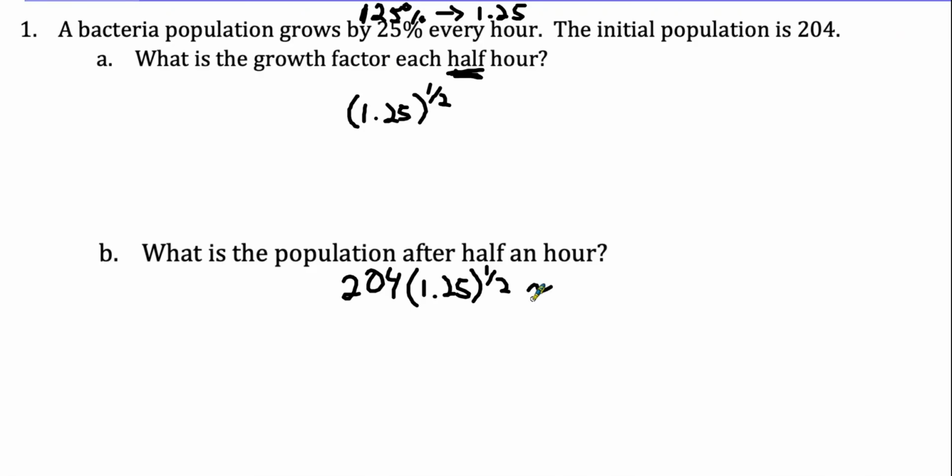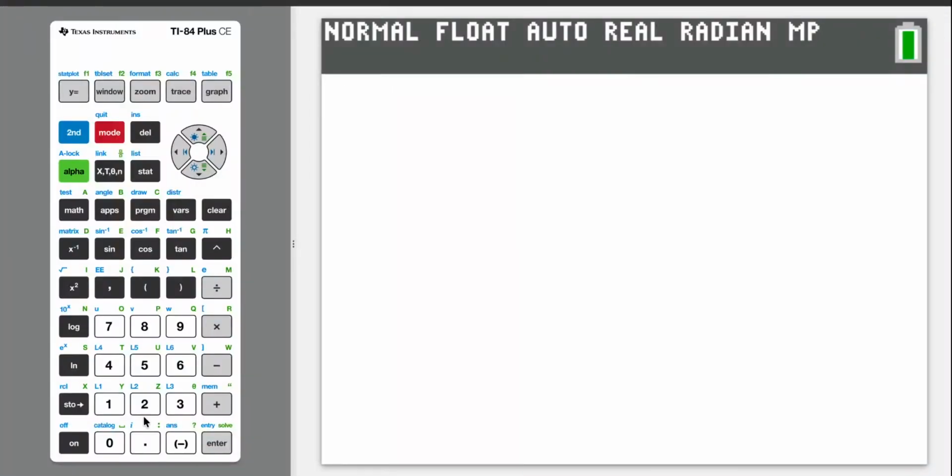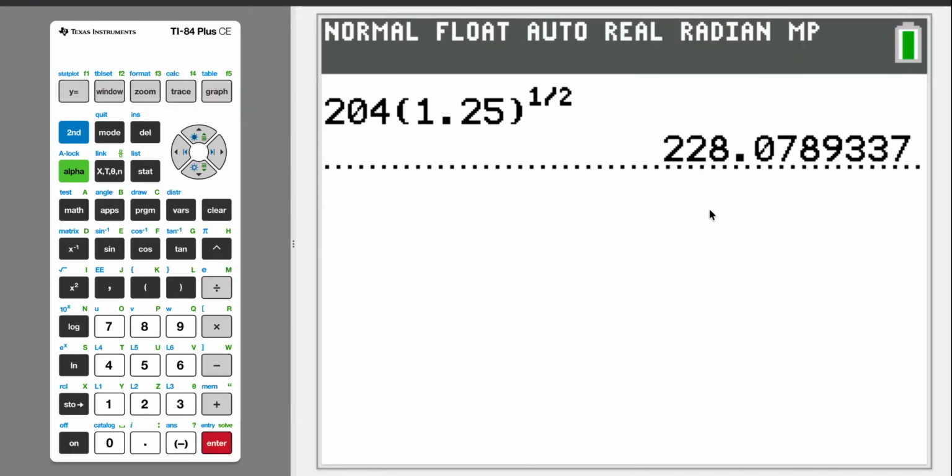And then we can put that into the calculator. And since we're talking about a population, I would just round that to the nearest whole number. So 204 times 1.25 to the 1/2 power gets me about 228.